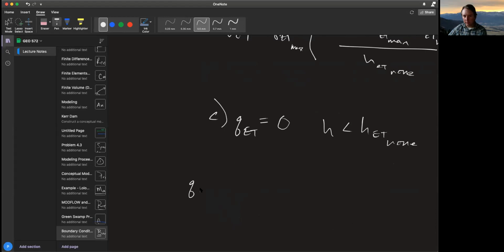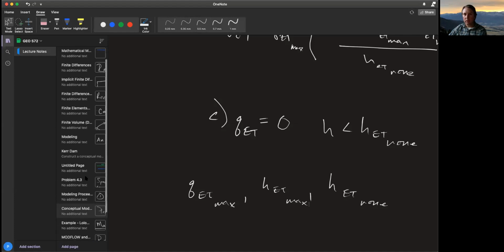Here we need to define QET max, HET max, and HET none. These are the three things we have to define.